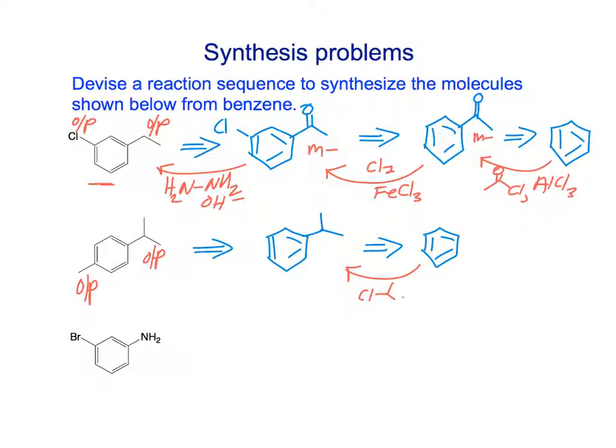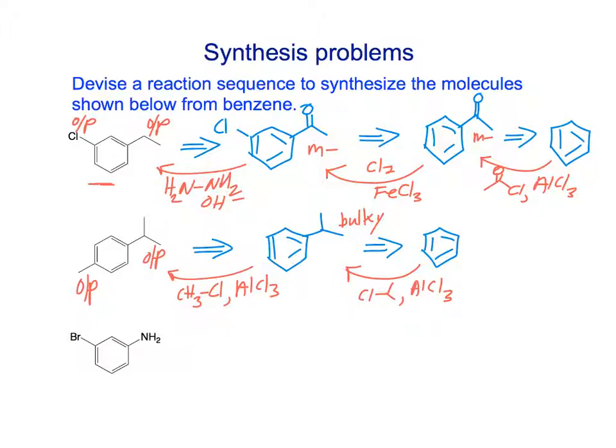We saw that we get a hydride shift in that case, right? And so this is bulky, so it's going to drive it to the para position. And then the second one, we're just going to use methyl chloride and aluminum trichloride. All right?